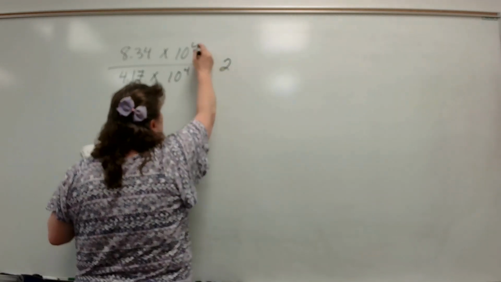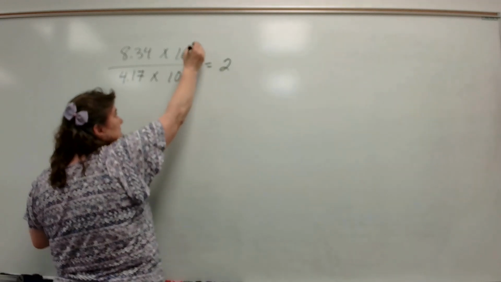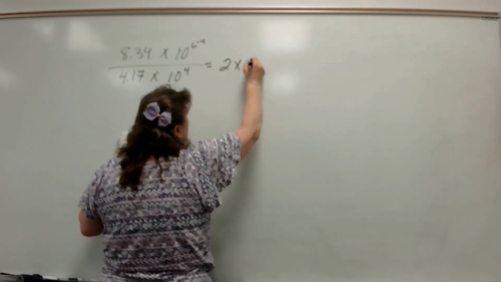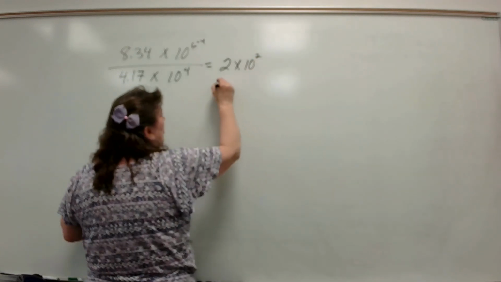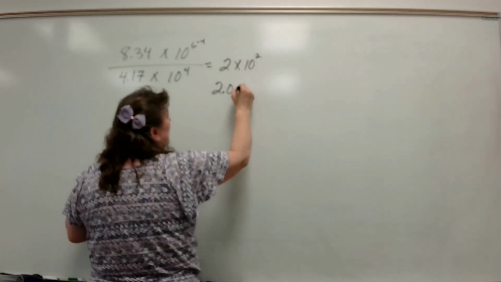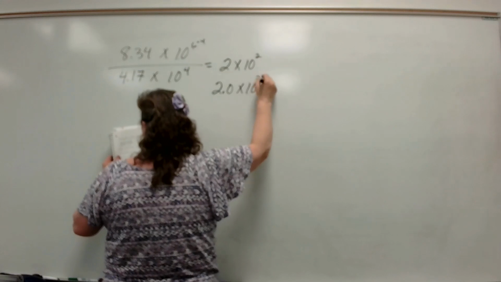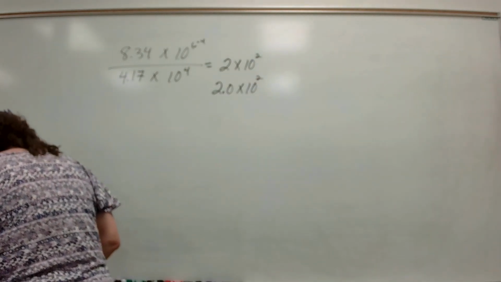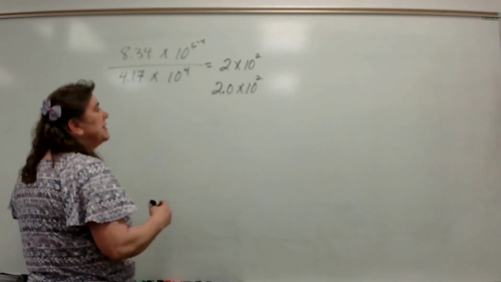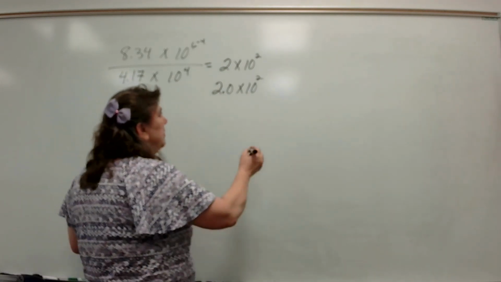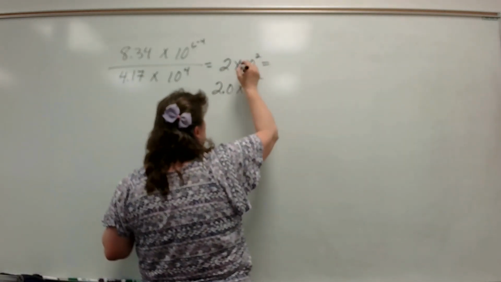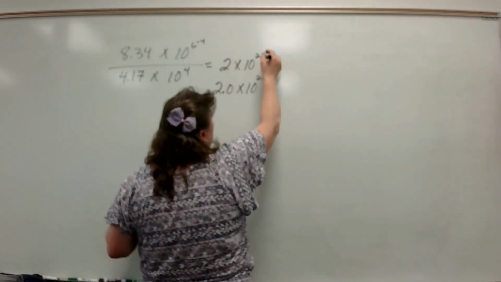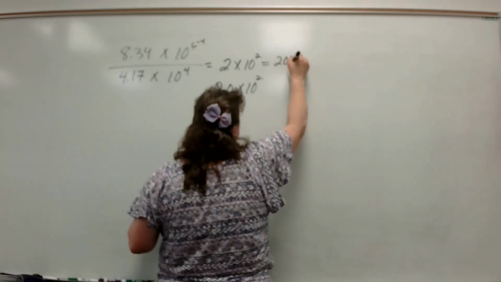And we're going to look at this. Base is the same. Subtract the exponent, so 6 minus 4. So this is times 10 to the 2. Or we can write it as 2.0 times 10 to the 2. So if we were going to turn this back to a whole number, or a decimal number, 2 times 10 to the 2 is 2 times 100, which is 200.